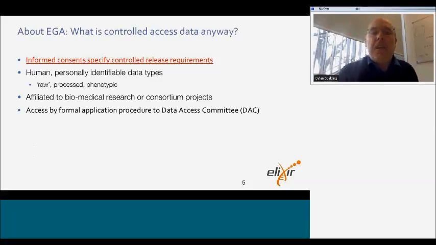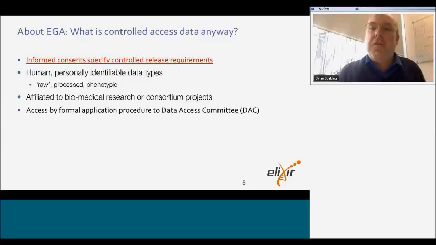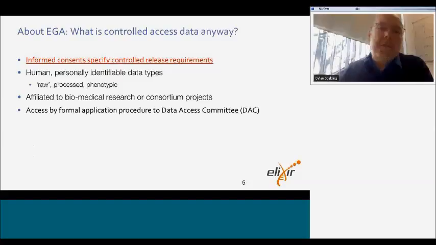This can be raw data such as FASTQ and BAM files, processed data, for example VCF files and called variants, and phenotypic data, such as certain rare disease information or age and so on. A lot of the data at EGA is affiliated to biomedical research or consortium projects. I'll give you a list of those in a bit. And the access, again, is by formal application. The people you apply to are the data access committees, and these control the access to the data.